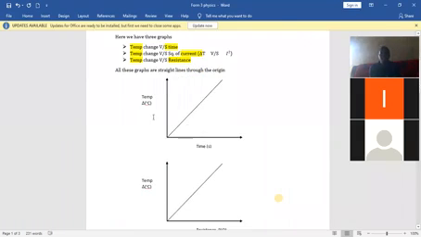Look at my graph. The temperature change versus time is a straight line through the origin. A straight line means what? As time increases, the change in temperature also increases. Directly proportional. Yes, good.